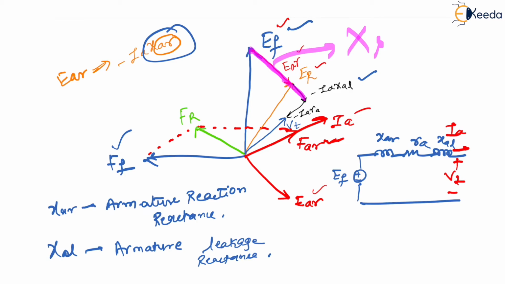Solved. Now if you see this XAR, just because of this particular XAR, we say that a synchronous machine has the highest X by R ratio. Why? Let me tell you that. We have seen that the X by R ratio for the transformer is the least, correct? After that, we get the X by R ratio for the induction machine.